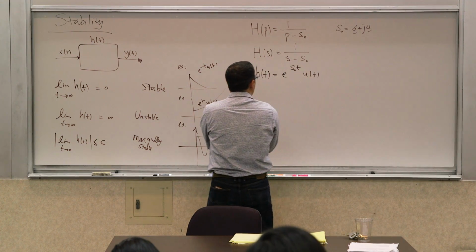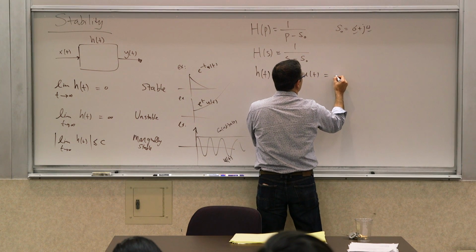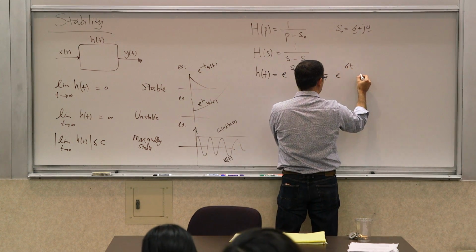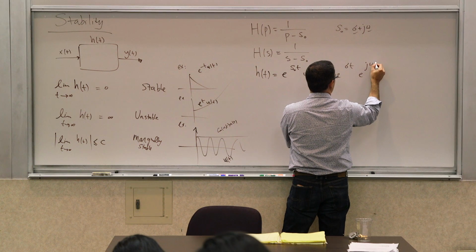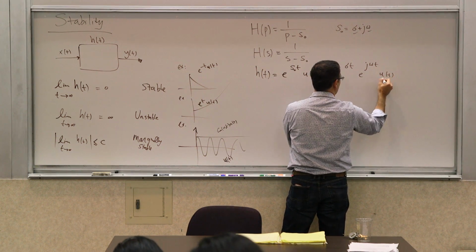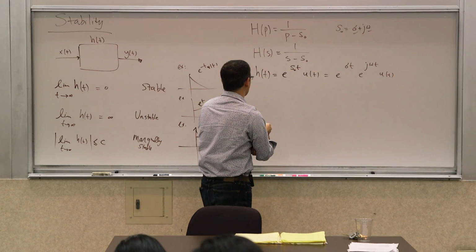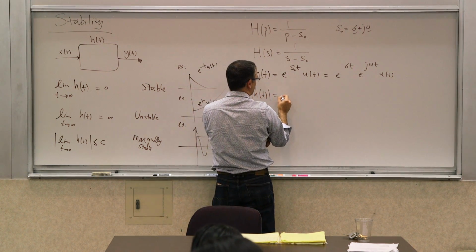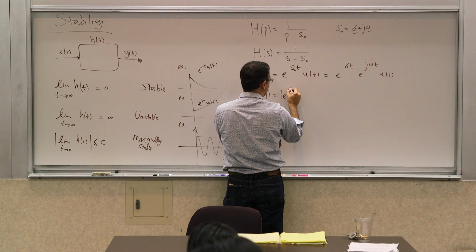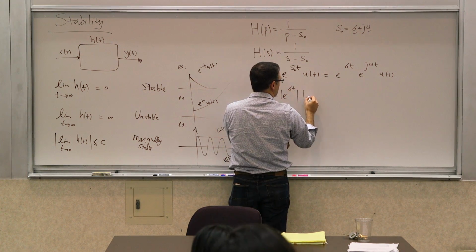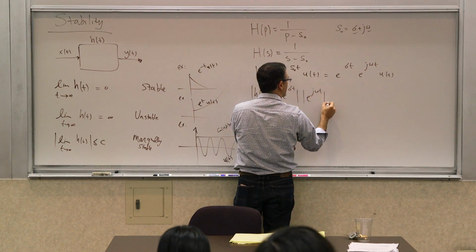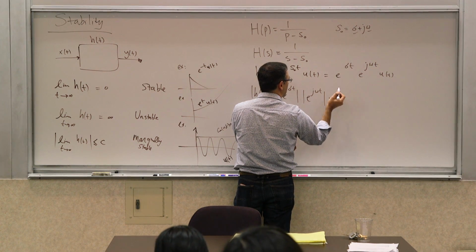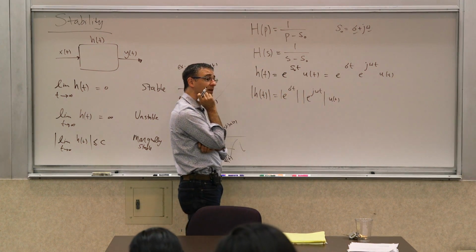If that's the case, we can plug that in, and we get e to the sigma t, e to the j omega t, u of t. If I'm interested in the magnitude of h of t, I have to look at the magnitude of this and the magnitude of this times the magnitude of u of t, which is u of t.